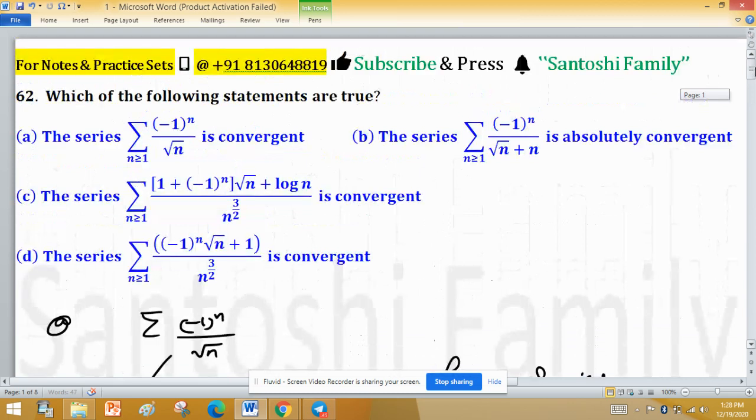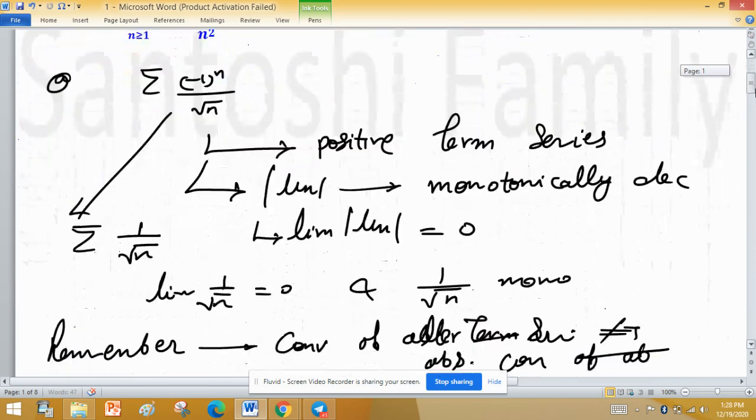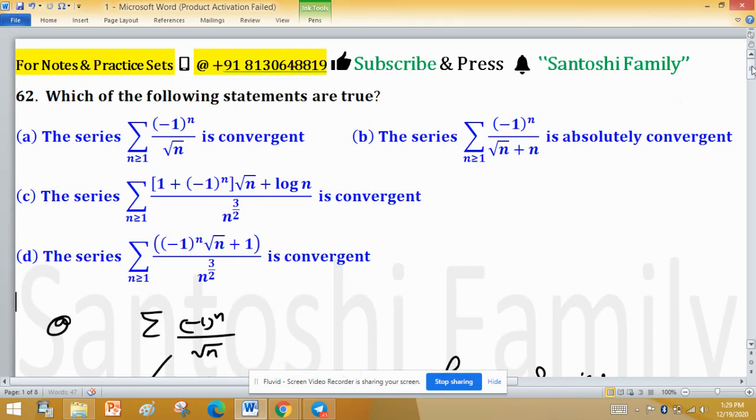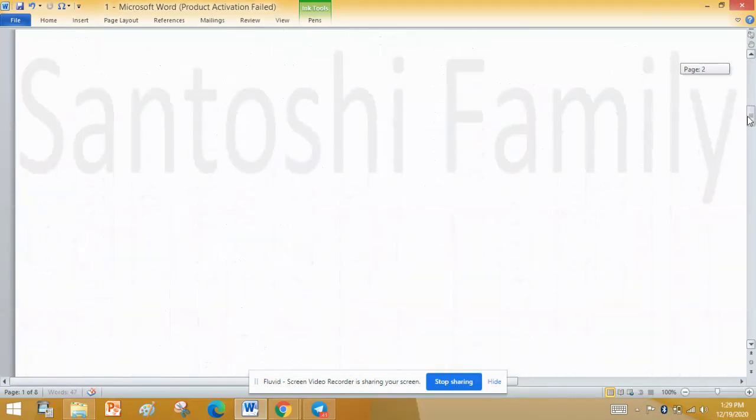Now come to option B. The series is summation minus 1 raised to the power n divided by root n plus n, and we have to test it for absolute convergence.